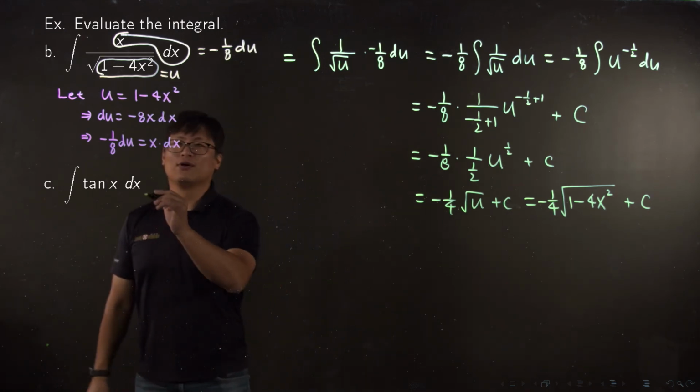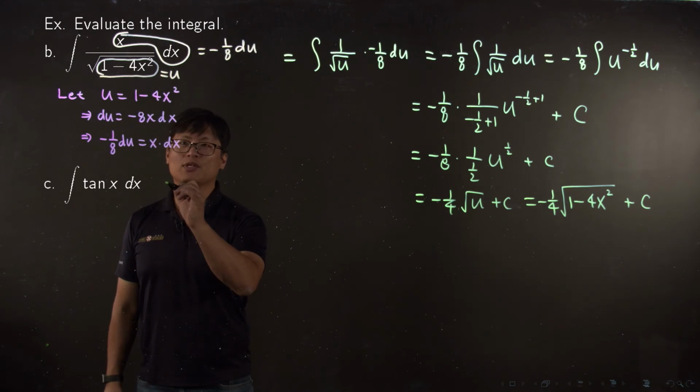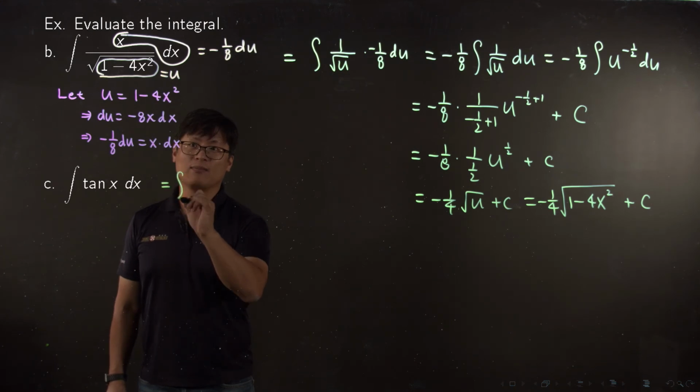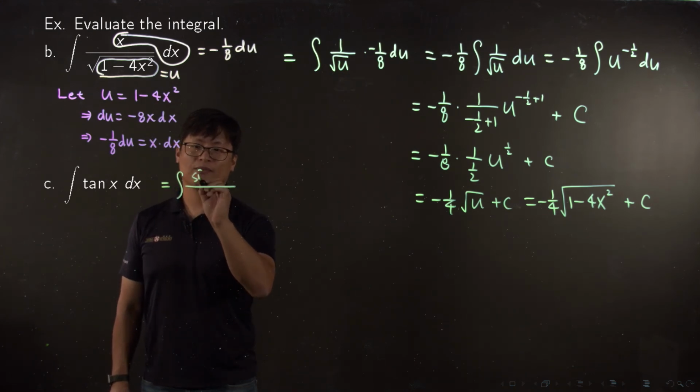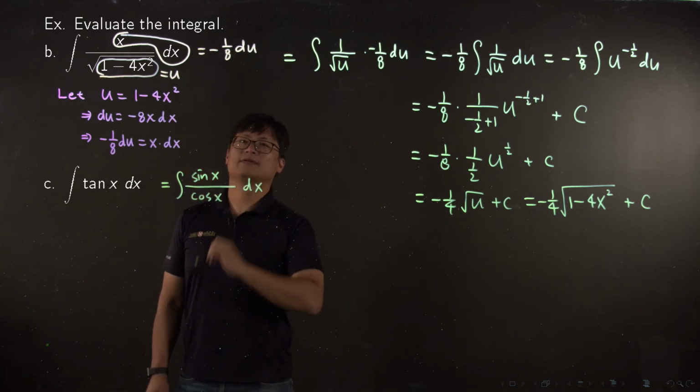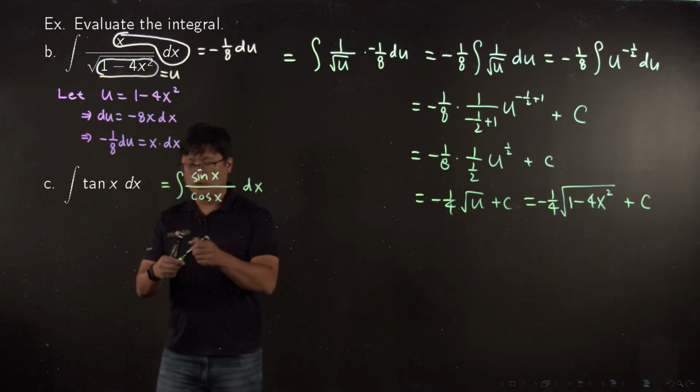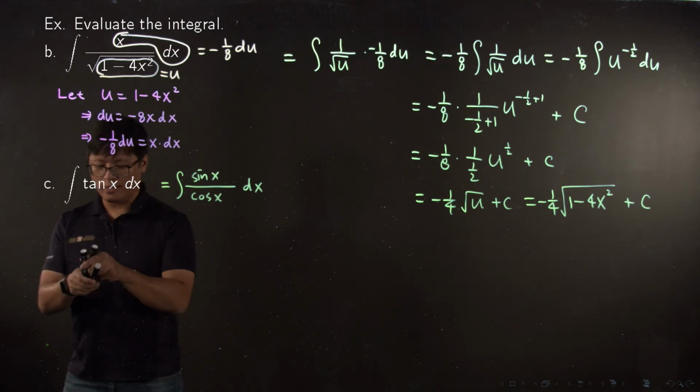Here we go. So let me rewrite this one in terms of sine and cosine. Since tangent x is sine x over cosine x, this can be written that way, okay? Then we need a pre-step to use the u-substitution, right?